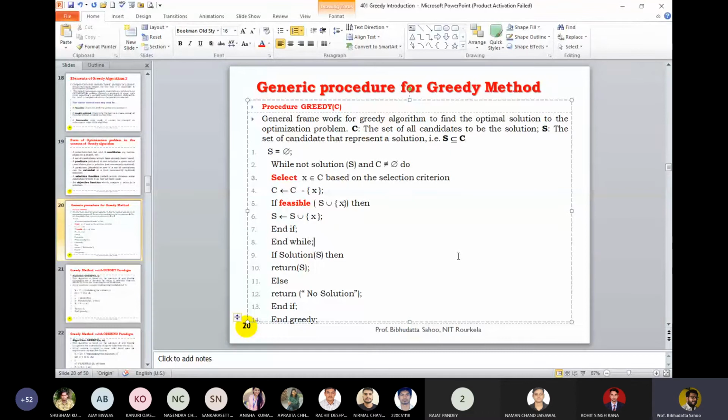Because my problem requirement is that the spanning tree to be obtained will be less than 50, I then check if the solution is acceptable, then return S. Because my algorithm is always going to produce a solution, what I am checking here is whether it is acceptable to me or not.